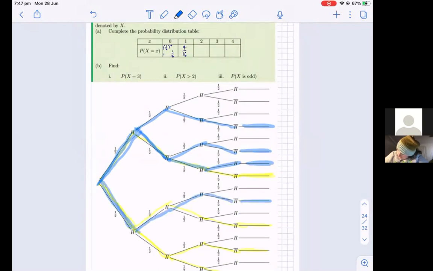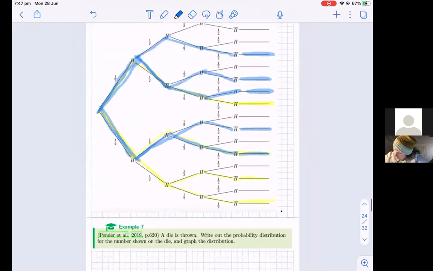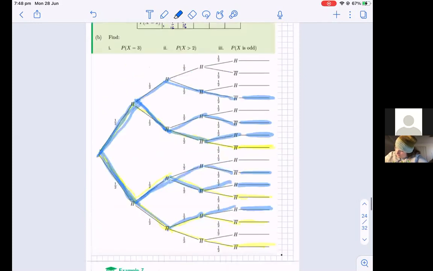Tails, head, tails, tails. Wait. Tails, head, tails, head. Or tails, tails, head, head. So that was 1, 2, 3, 4, 5, 6 options.